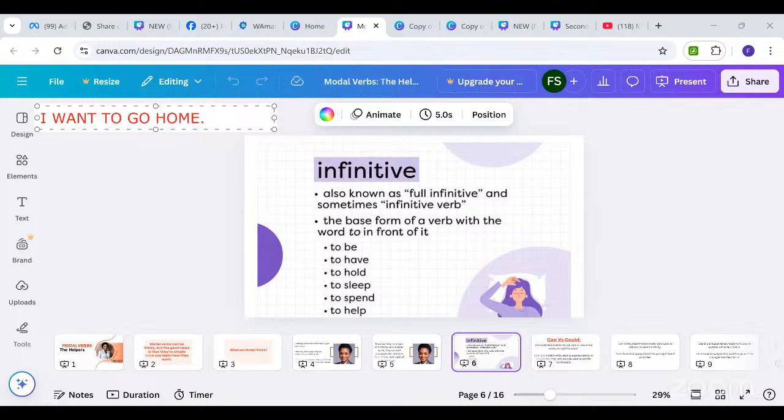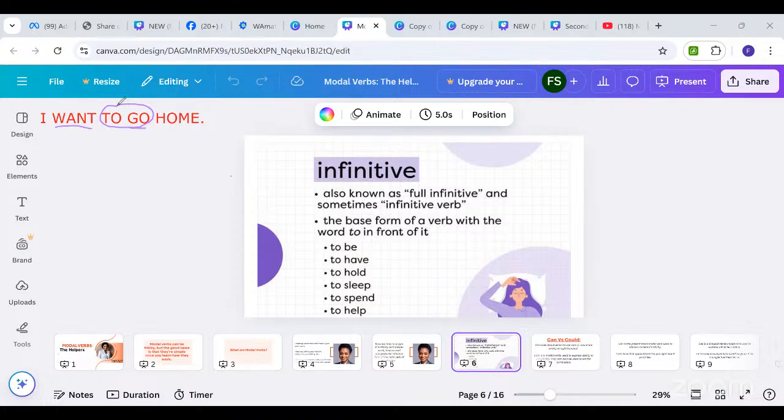So here we have to go. First, let's identify the verbs that we have. We have want. Want is a verb. Go is another verb. But before go, we have to. So to go here is an infinitive.